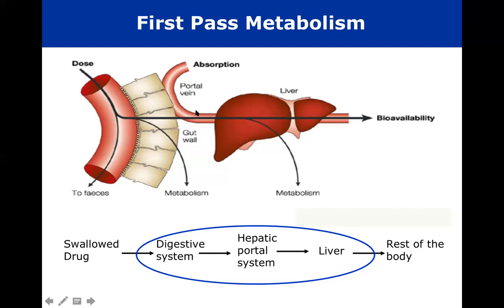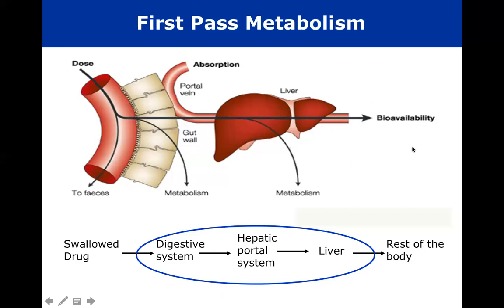Here there is portal circulation, and we also lose some of the drug in the portal circulation. Here we are in the liver, and in the liver it will be lost again.